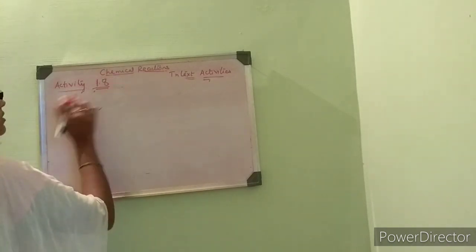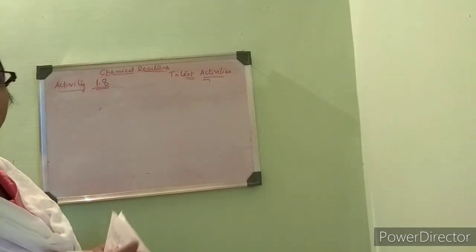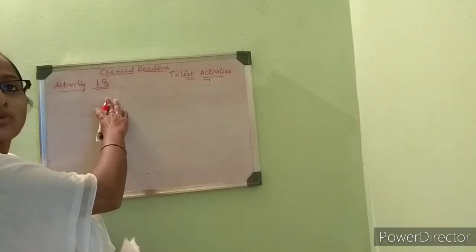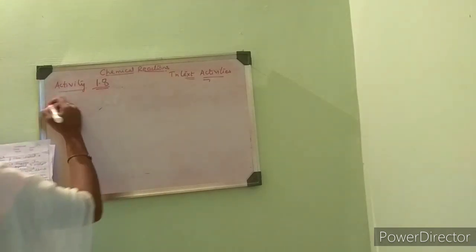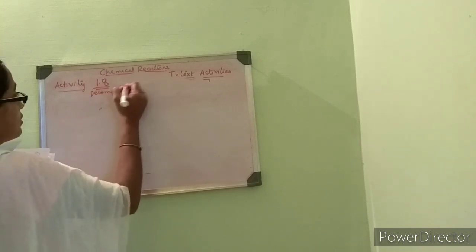We have already discussed through the lesson what happens to silver chloride when it is exposed to sunlight. Here also it is a decomposition reaction.